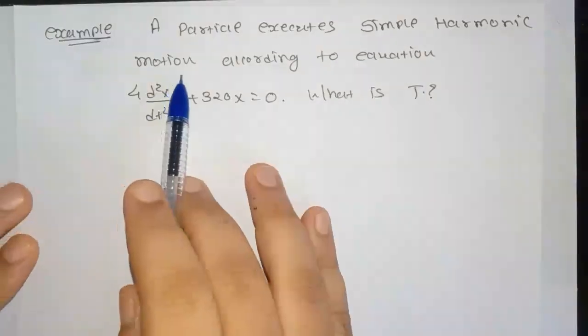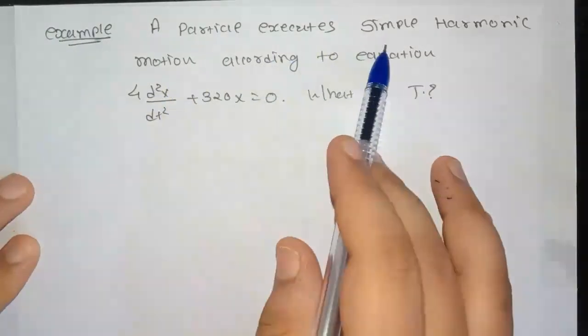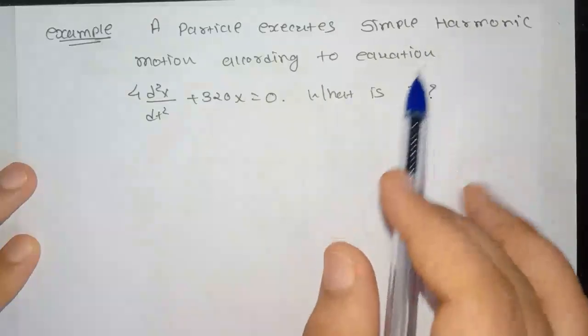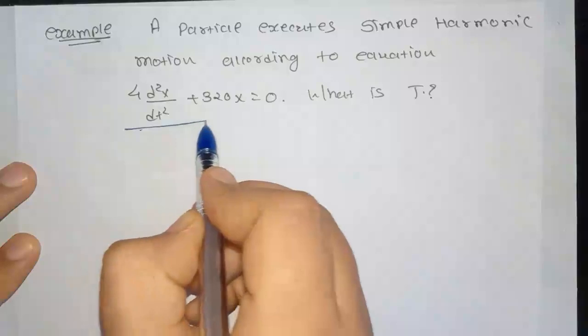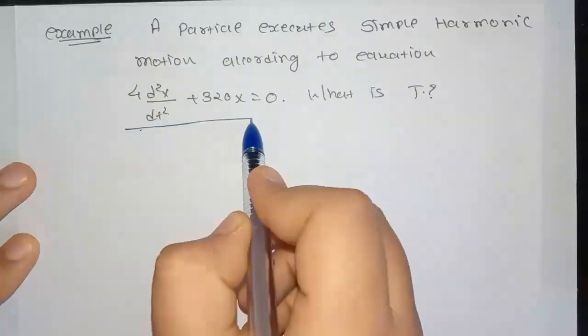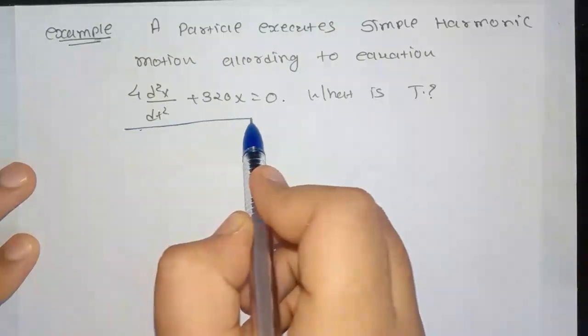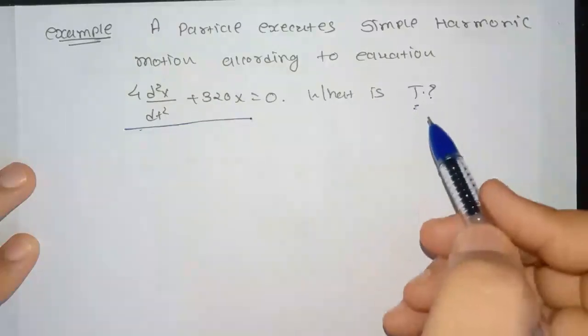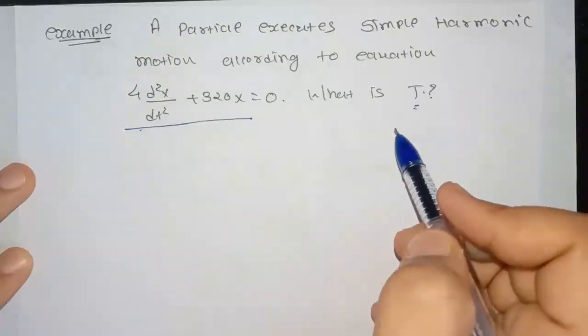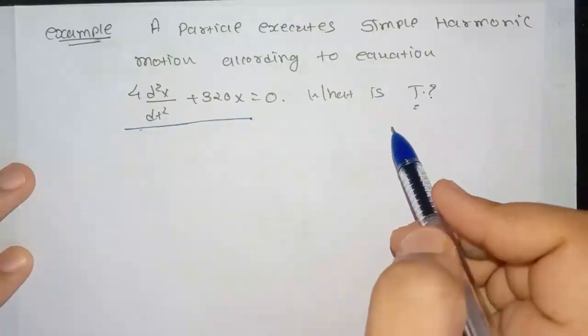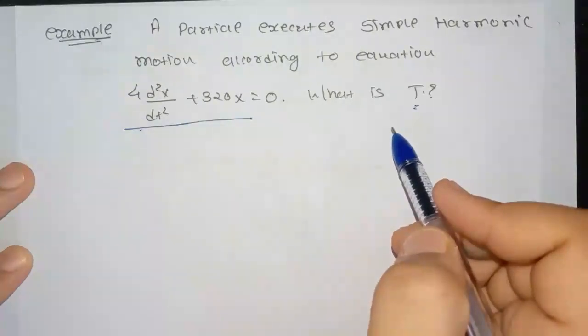In this example, a particle executes simple harmonic motion according to the equation 4 d square x by dt square plus 320x is equal to 0. We want to find the time period T. Here, we should remember the steps that we have learned to prove any motion to be simple harmonic motion.